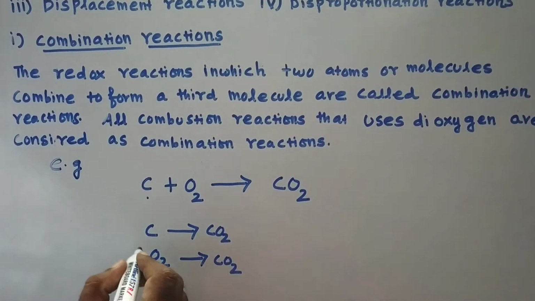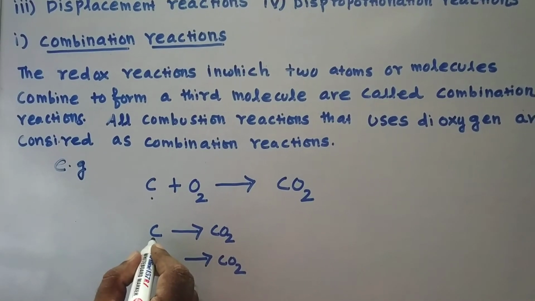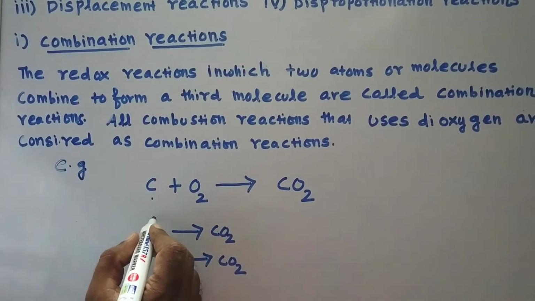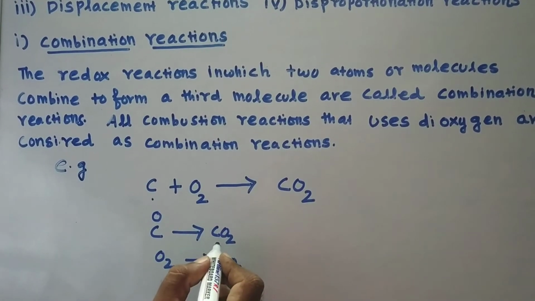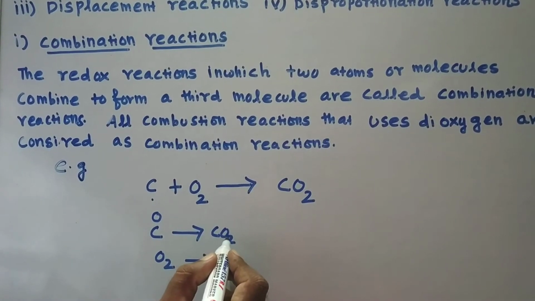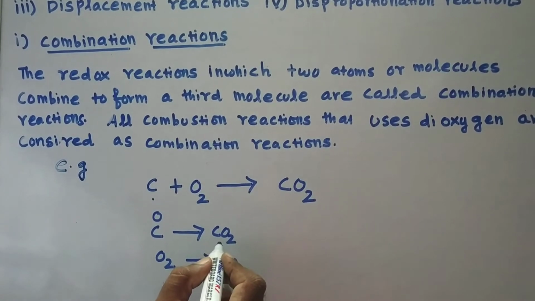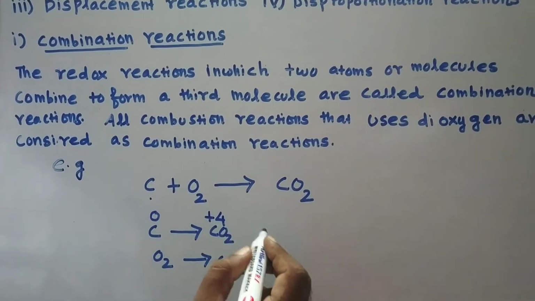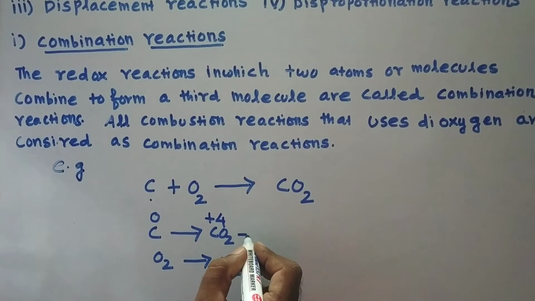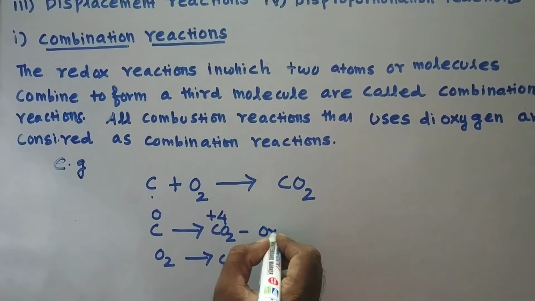It's well known that in the atomic state, the oxidation number of carbon is equal to 0. But in CO2, due to the bonding with oxygen, it donates 4 electrons. As a result, it becomes +4. Therefore, it donates 4 electrons to the two oxygen atoms. Therefore, it undergoes oxidation.